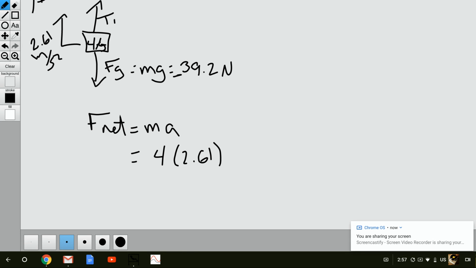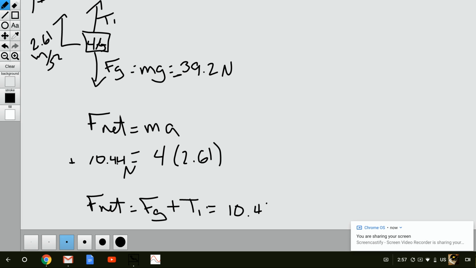Let me grab the calculator and punch that in real quick. We get 10.44 newtons, and it'll be positive. Then we know that F net is equal to Fg plus T1, which is equal to 10.44. We know that Fg is negative 39.2 plus whatever T1 is.